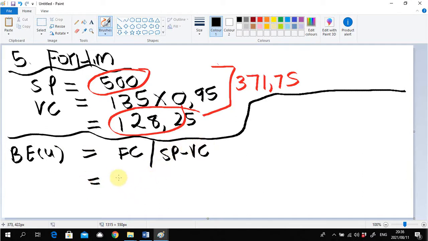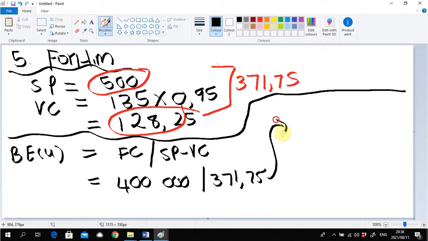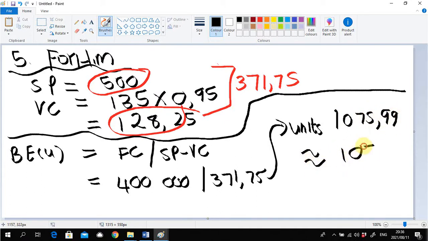The fixed cost for him, 400,000, and then 371.75 was the difference between the selling price and the variable cost. If I type that into my calculator, I get units of 1075.99, so rounded 1076.